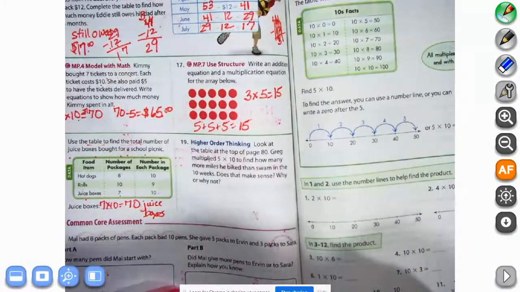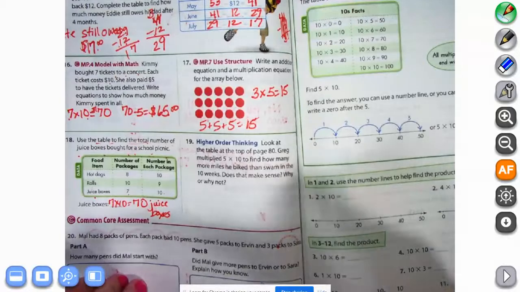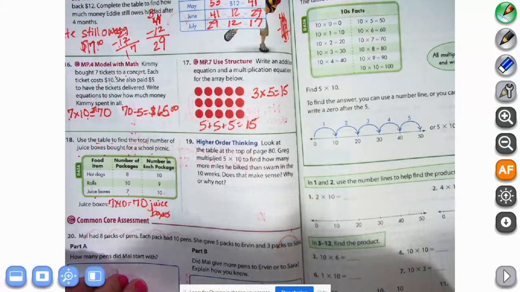All right, number 19. Look at the table at the top of page 80. Greg multiplied 5 times 10 to find out how many more miles he biked than swam in the 10 weeks. Does that make sense? Why or why not?